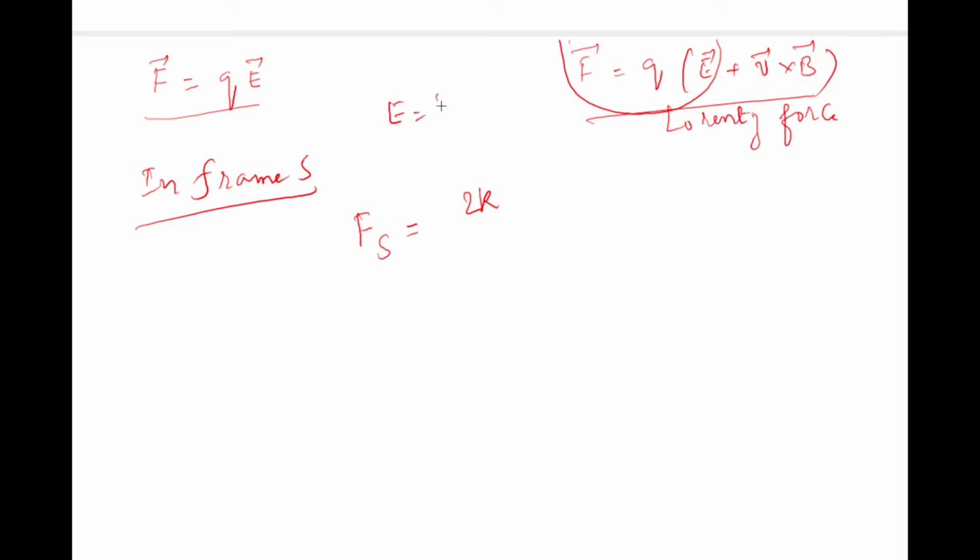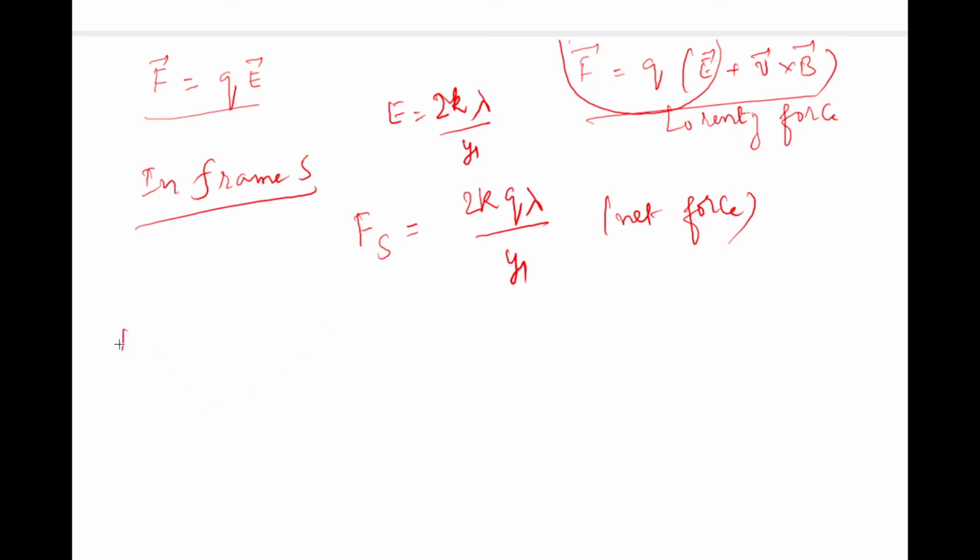So the electric field is 2k lambda over y1. Since we want to write the force, using this expression we can say it's 2k q lambda over y1. This is the expression for the net force in the S frame of reference.